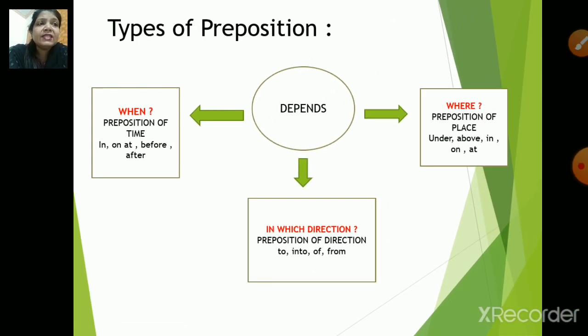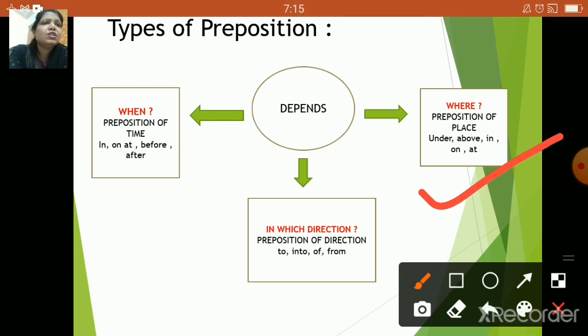So where this event took place. So we may come across few words like under, about, in, on, at. Now the next preposition will be preposition of direction. That means in which direction this particular event took place. So we may come across few words like to, into, of, from. So these are the three types of prepositions that we are going to learn today.